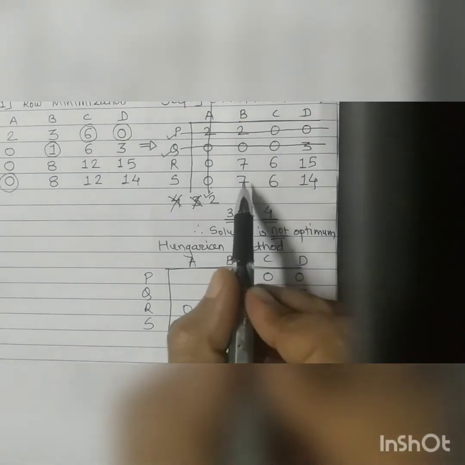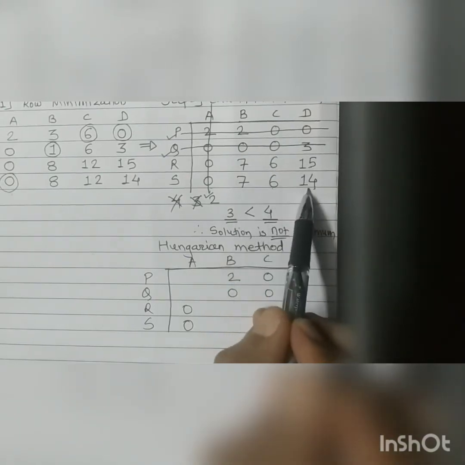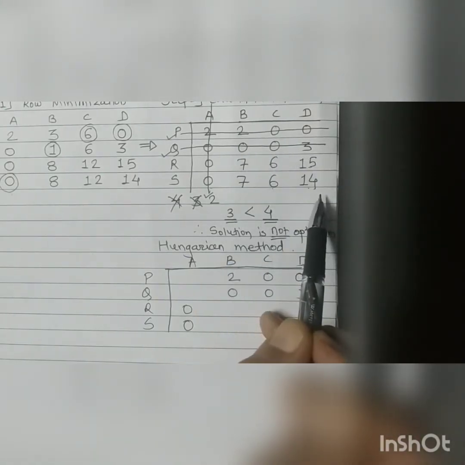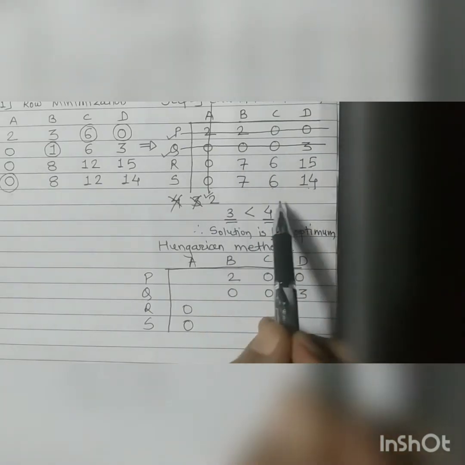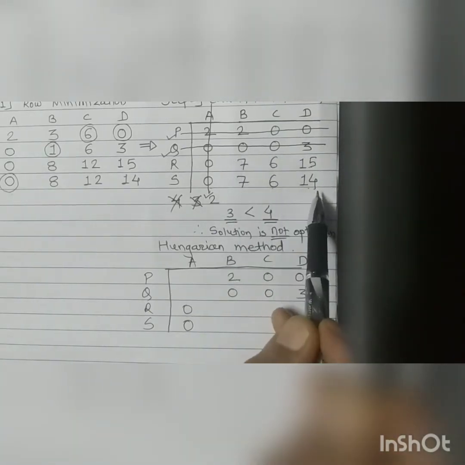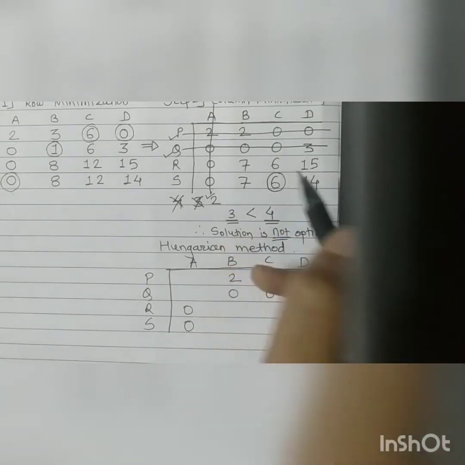Okay. Now consider next set, that is such elements which are not present on any line. So the 7, 6, 15, 7, 6 and 14. These are elements which are not present on any line. Okay. So consider this set of elements and now choose the smallest element in the group. Which is the smallest element in this group? 6. You can take any 6. So this is the smallest element.